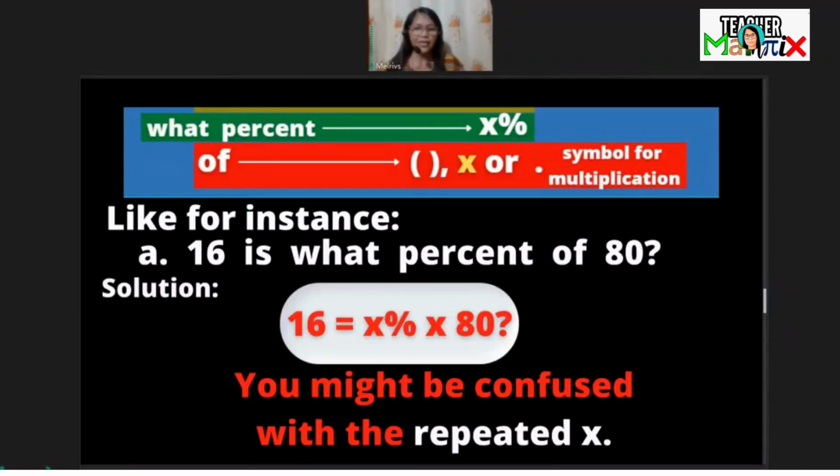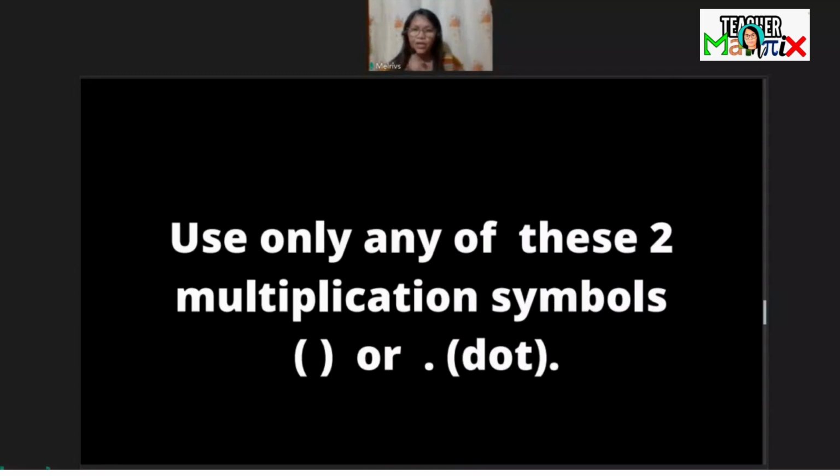So for instance, with this problem, 16 is what percent of 80? So 16 is equal to X percent, another X, 80. So you might be confused with the repeated X. Use only any of these two multiplication symbols, the close and open parenthesis or dot.